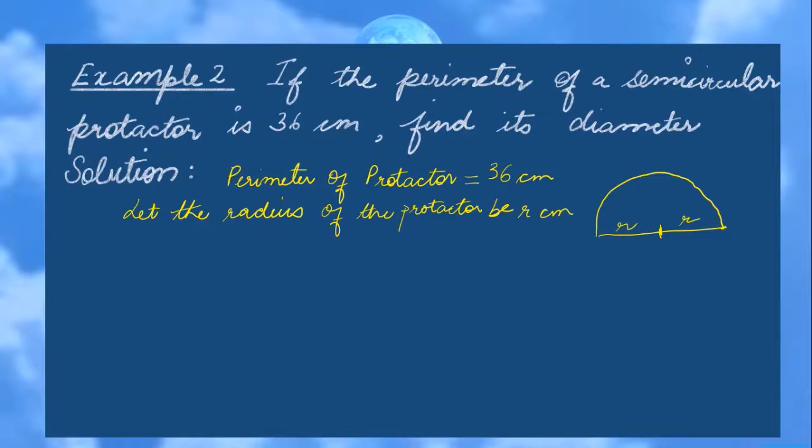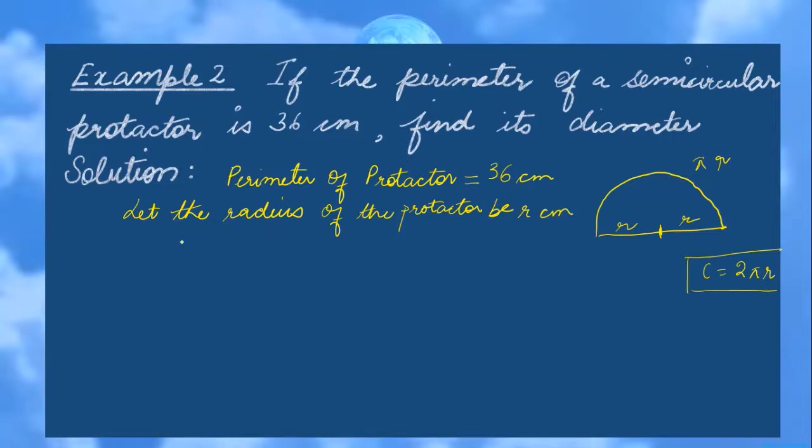And you know circumference for a circle is 2 pi r. But this is half circumference, so it will be pi r. So this portion will be only pi r. Since for a circle it is 2 pi r, so for half it will be pi r.